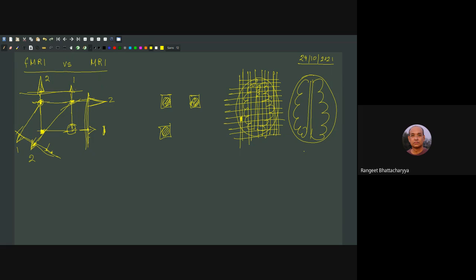MRI gives you this. And now let's move on to functional MRI. So here we need to combine some of our known techniques, like the T2 and this imaging part. Here we have a little bit of biology, which I think you know much better than I do.